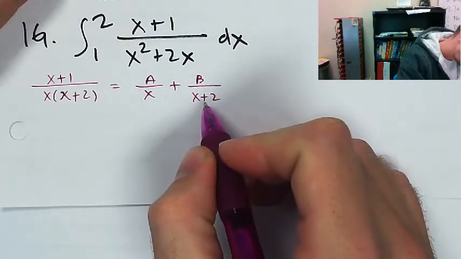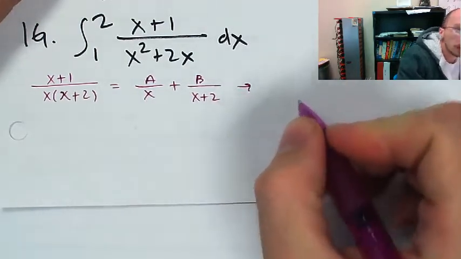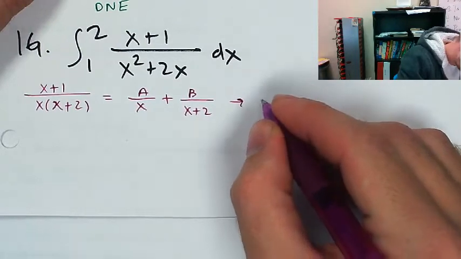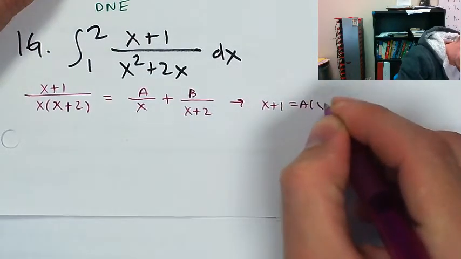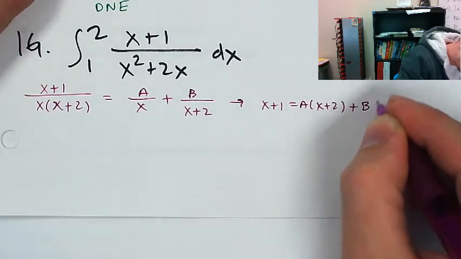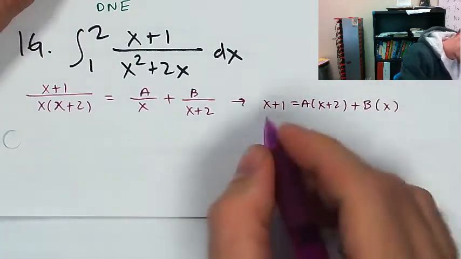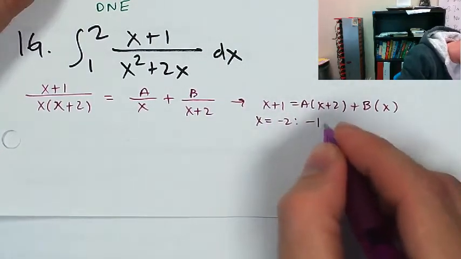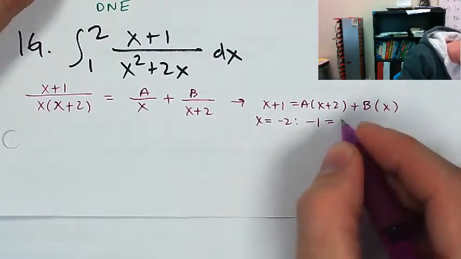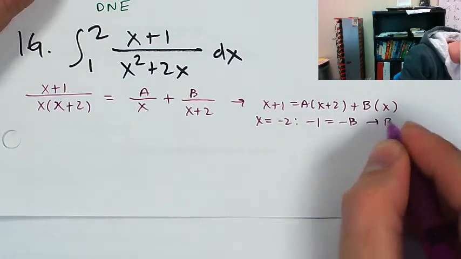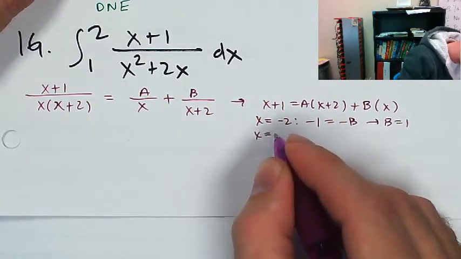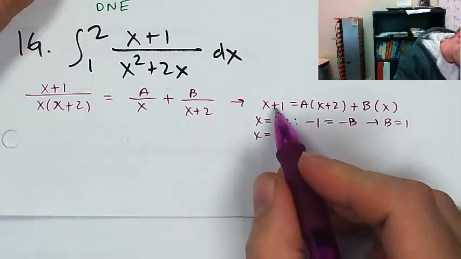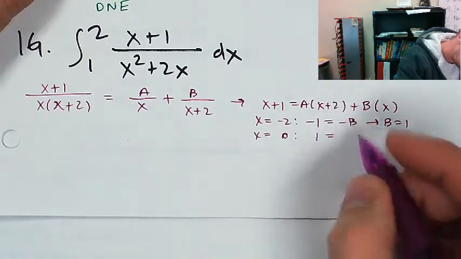I'm going to say, all right, clear out the denominator, leaves me with... x equals negative 2 gives me negative 1 equals 0 minus b. And when x equals 0, I've got 1 equaling 2a.